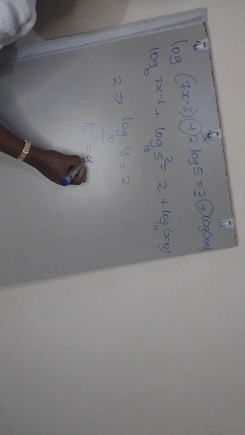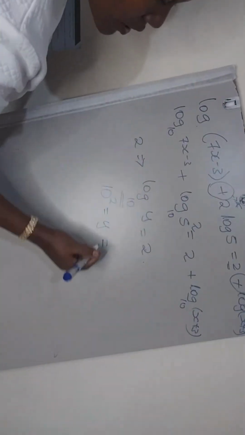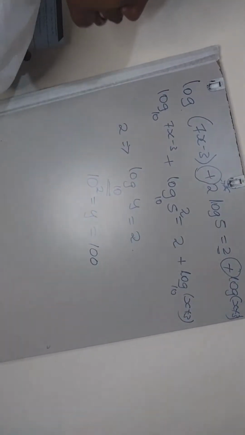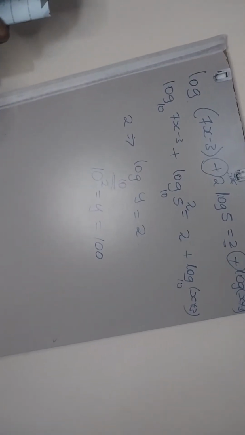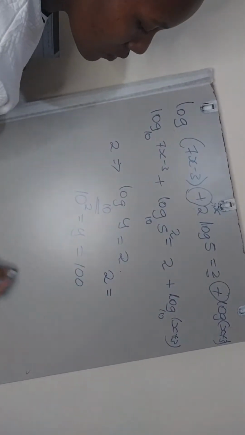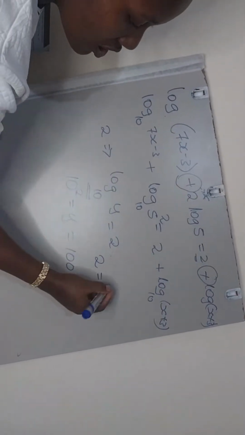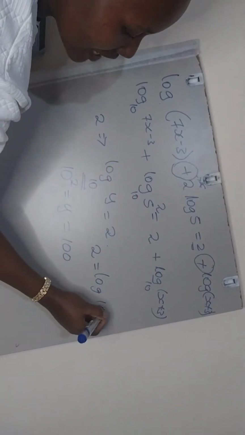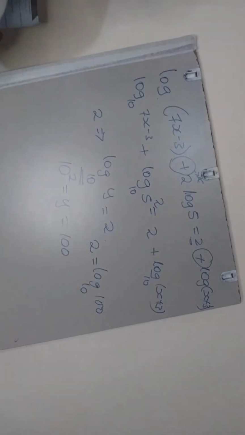In short, 10 to power 2 gives us y. What is 10 to power 2? Definitely 100. So if y is equal to 100, we can simply now say 2 is equal to what? Log 100 to base 10.